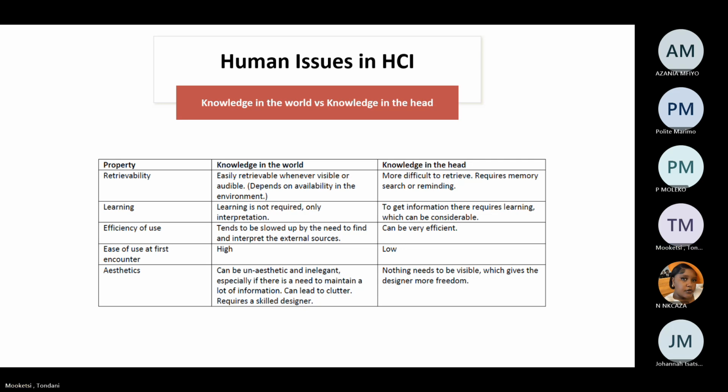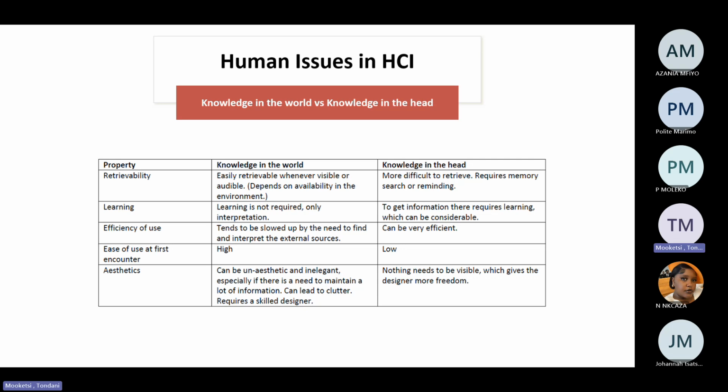So, knowledge in the head, knowledge in the world. We said earlier that knowledge in the world means that we store that knowledge in the computer system.